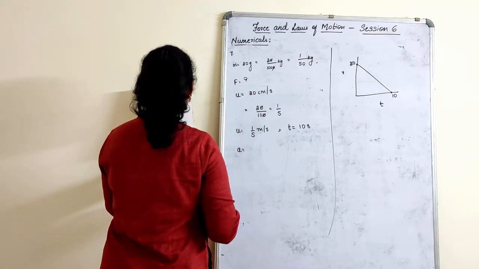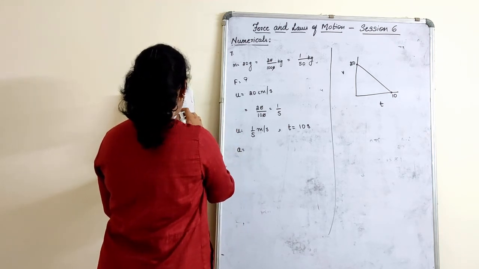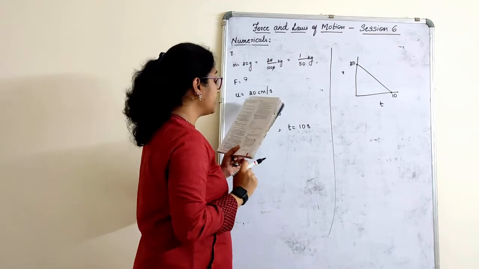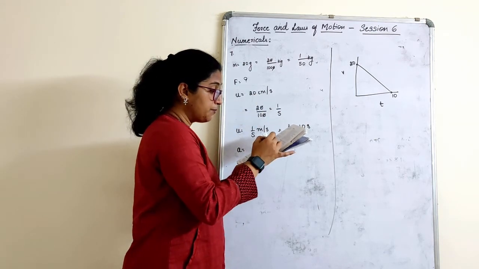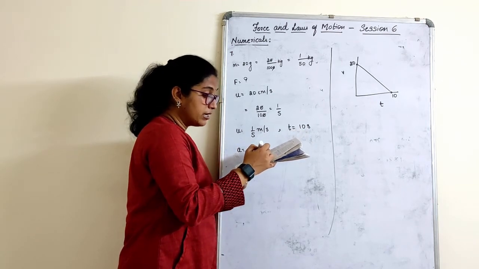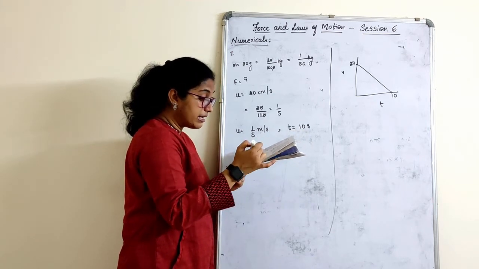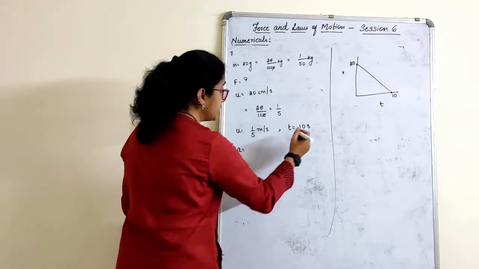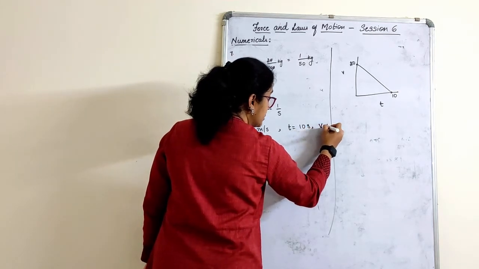V is not given. Read the question once again. The velocity time graph of a ball of mass 20 gram moving along a straight line on a long table is given. So this is a ball which is moving. How much force does the table exert on the ball to bring it to rest? That means v is 0.